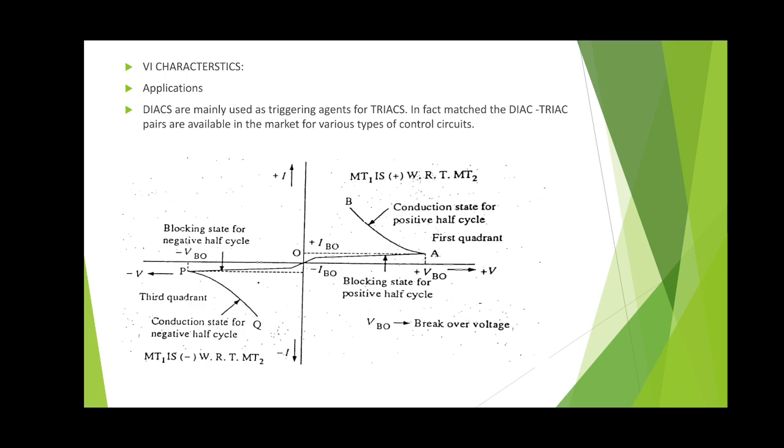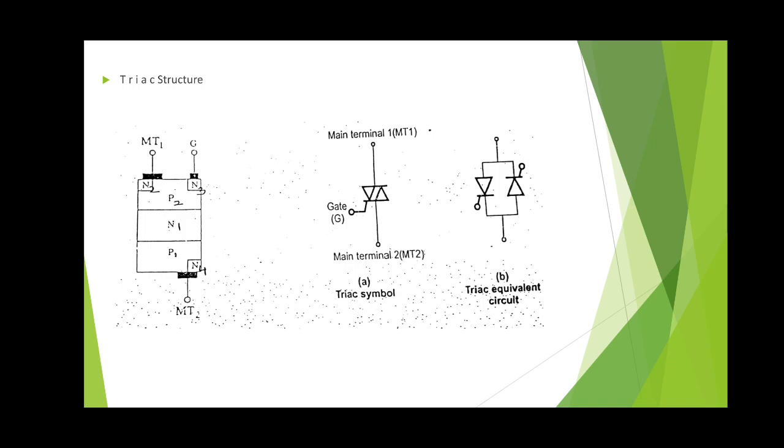Once the device starts conducting, the current flowing through it is very high, so it is limited by some external resistor. In the first quadrant characteristics, MT1 is positive with respect to MT2, whereas in the third quadrant characteristics, MT2 is positive with respect to MT1.